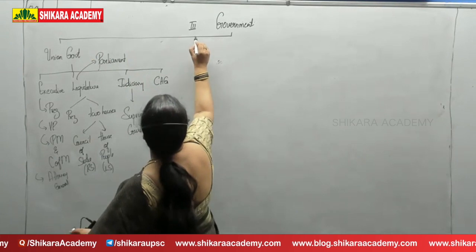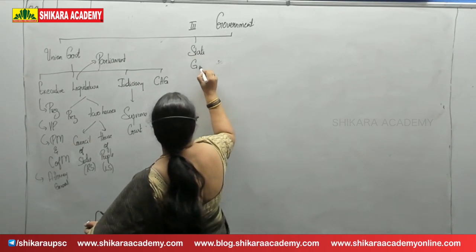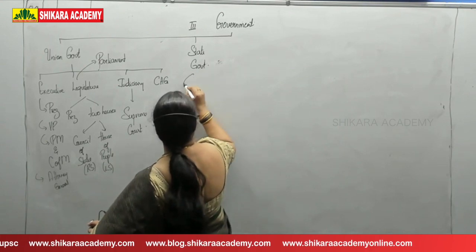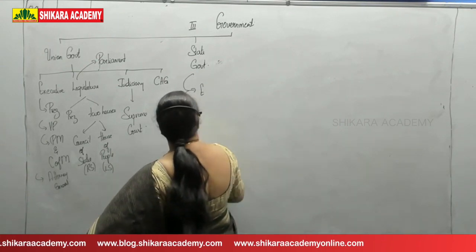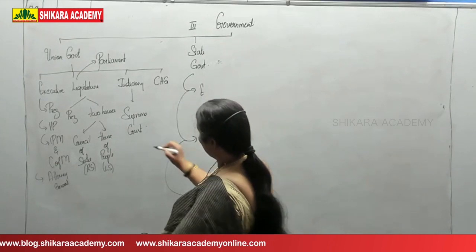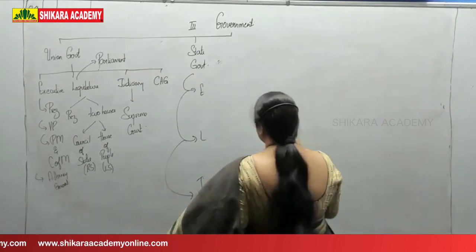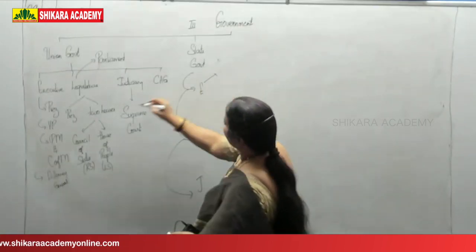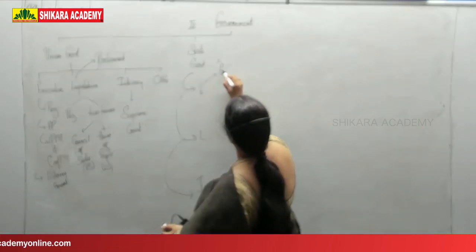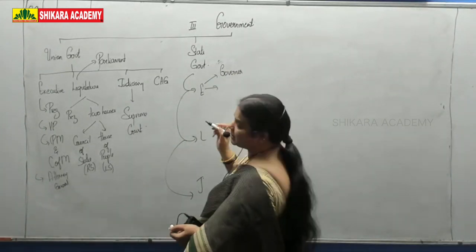Okay, so first will be the union government. Then after this we will have the state government, where we will have executive, legislature, judiciary. There is no CAG. CAG only comes under the union government. In this, again the executive will have the Governor. We don't have a deputy or assistant governor.